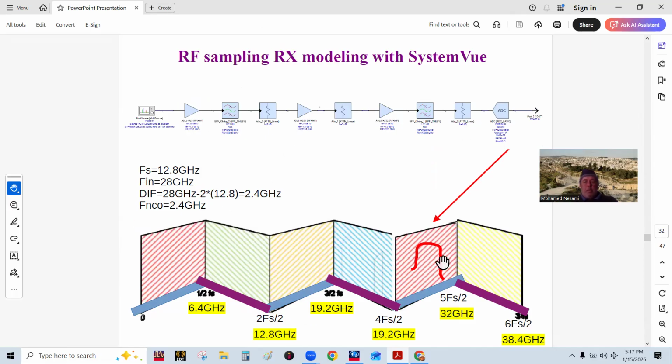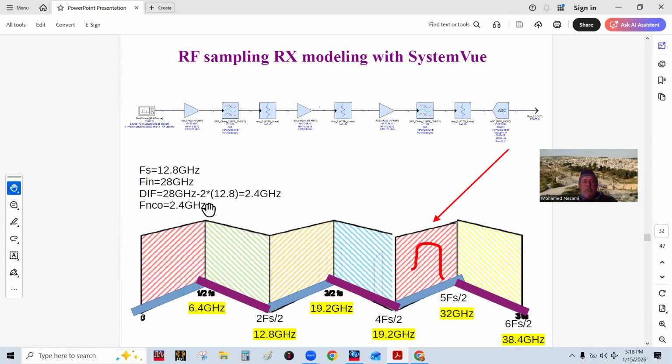So we have a signal which is sitting at 28 gigahertz. And the first Nyquist zone is 6.4 gigahertz. So when we sample, this signal is going to alias all the way back to here, and it's got 1, 2, 3, 4, 5 regions to alias to get to the first Nyquist zone. Okay?